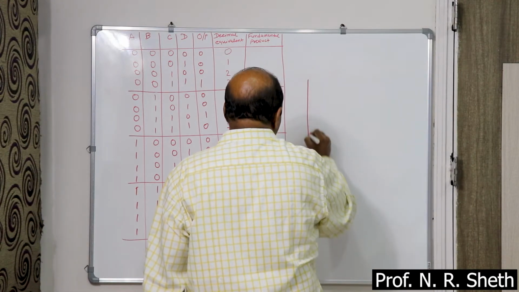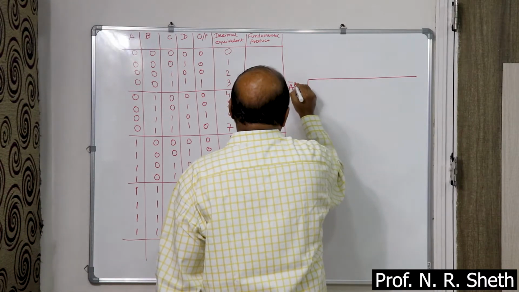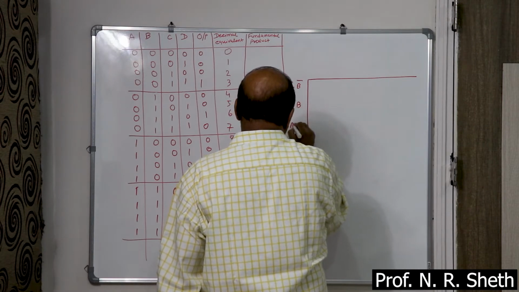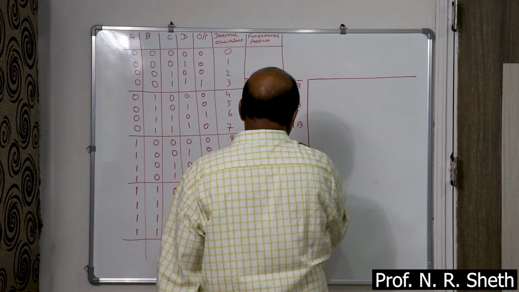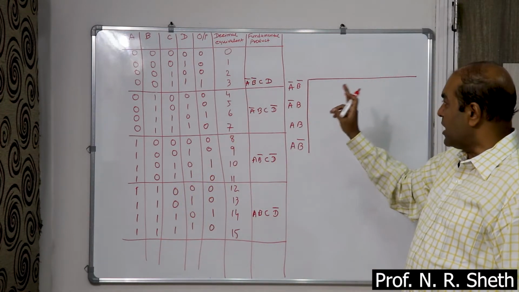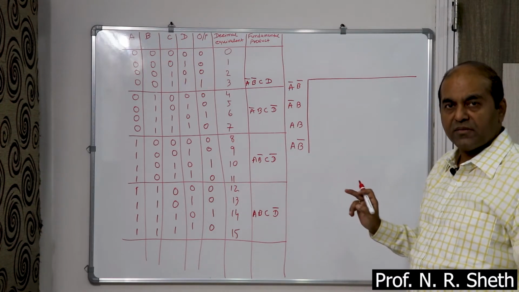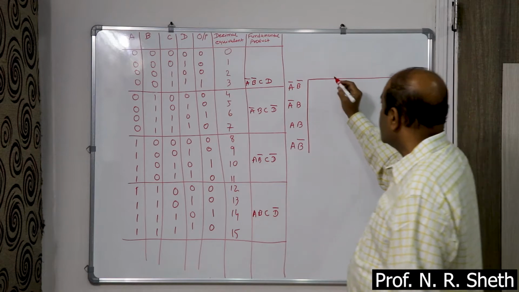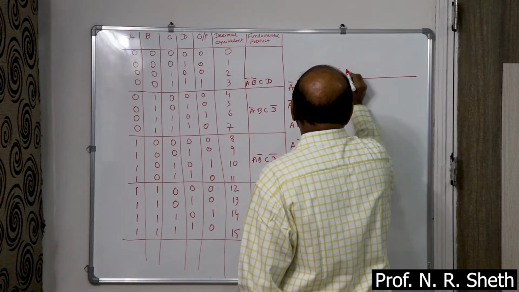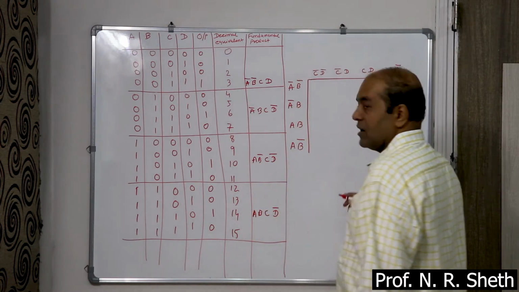So for 4 variable, your K-map is like this: A bar B bar, A bar B, A B, A B bar. Same as 3 variable case. But now here, again, changes here: C bar D bar, C bar D, C D and C D bar.